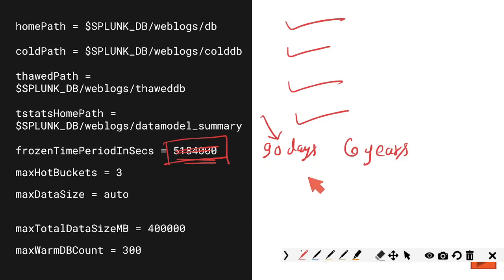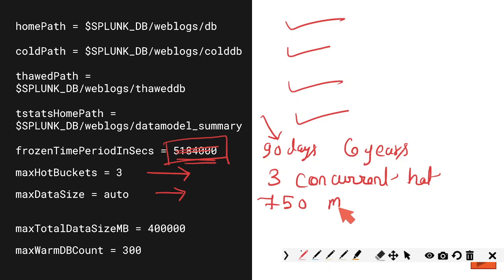Now this particular parameter indicates that we have three concurrent hot buckets. Once the data has filled up these three concurrent buckets, the data will be getting rolled to the warm buckets. Okay. And this particular setting indicates the size of the hot bucket, which is equivalent to 750 MB. We can also change this parameter.